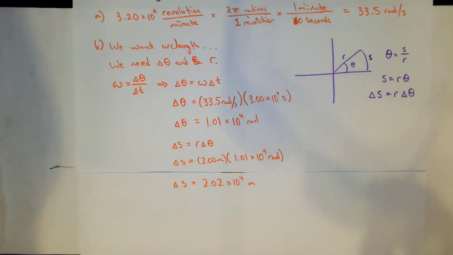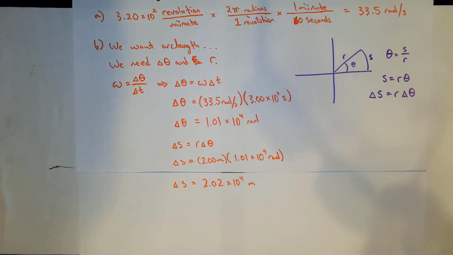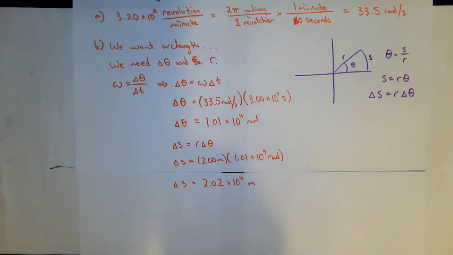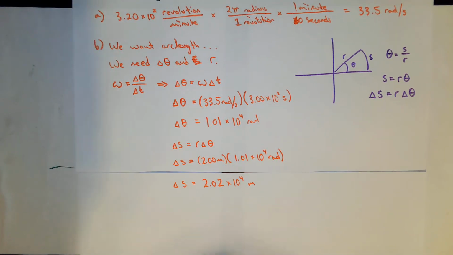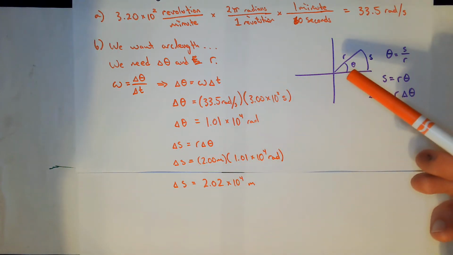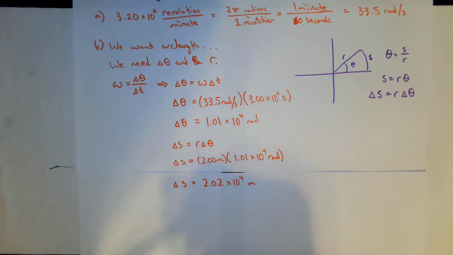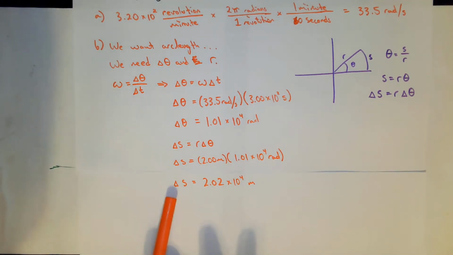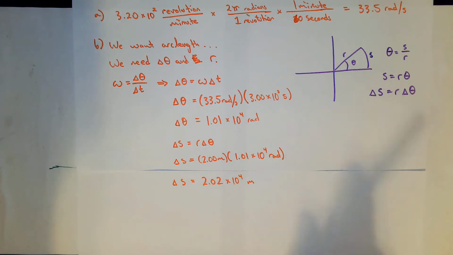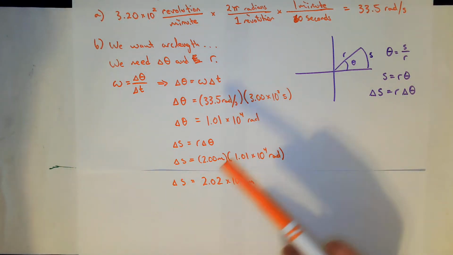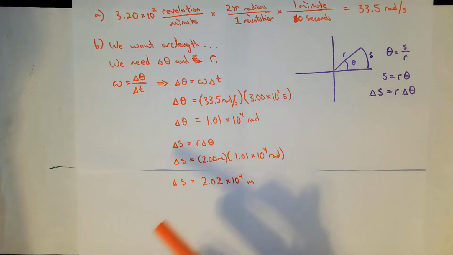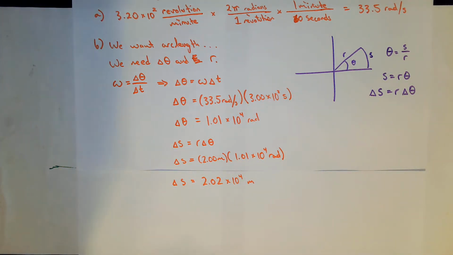That's how fast these things spin. This is getting into the issue where things on the tip of the blade cover more distance than things closer to the center of where it's spinning, right? So this arc length thing will come back up in later sections when we talk about differences in speed at different points on the rotating object. But for this problem, this is all they wanted, just the arc length.